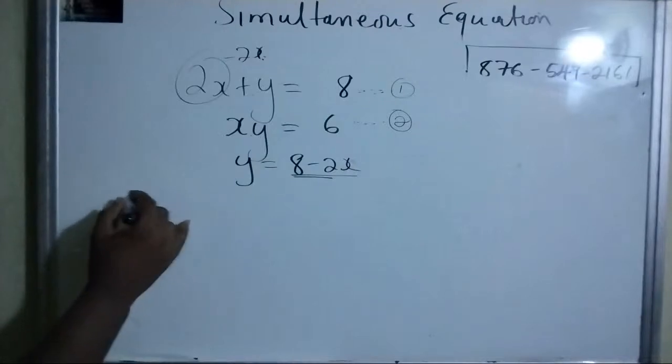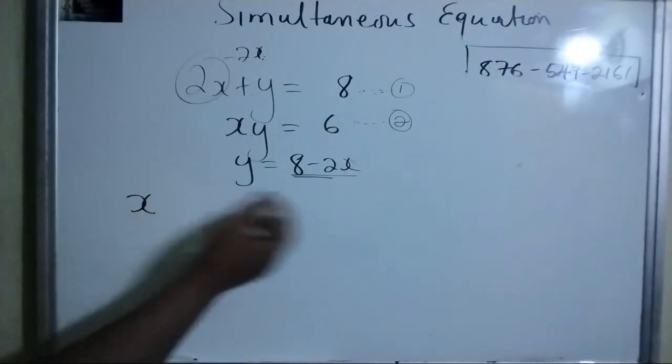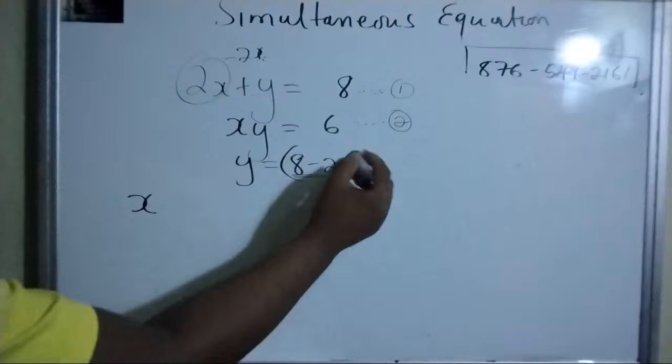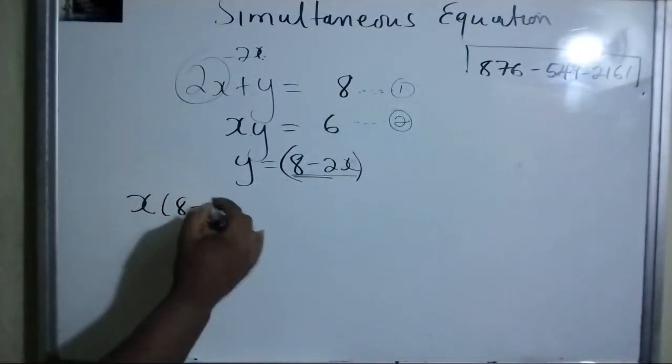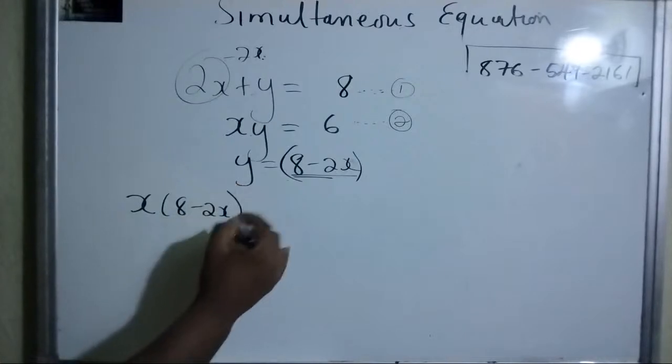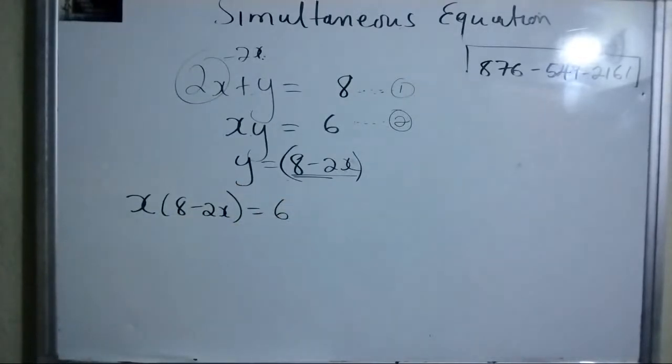What we do now is substitute this for y in the second equation. Instead of y, we write 8 minus 2x, so x times 8 minus 2x. By substituting, we eliminate the y term. Now we expand the bracket.